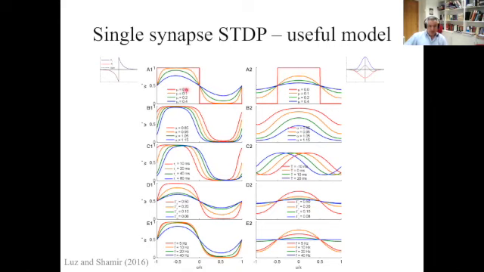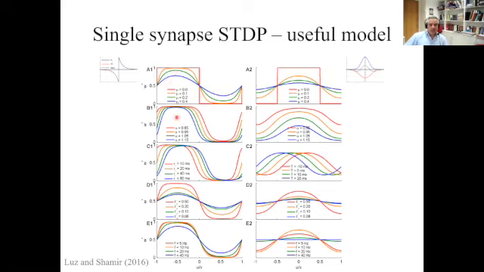In the additive learning rule, in the limit of mu goes to 0, we have a very sharp transition between the potentiation that goes to 1 and depression that goes to 0. And as we increase mu, we have a smoother synaptic weight profile, but also shallower.